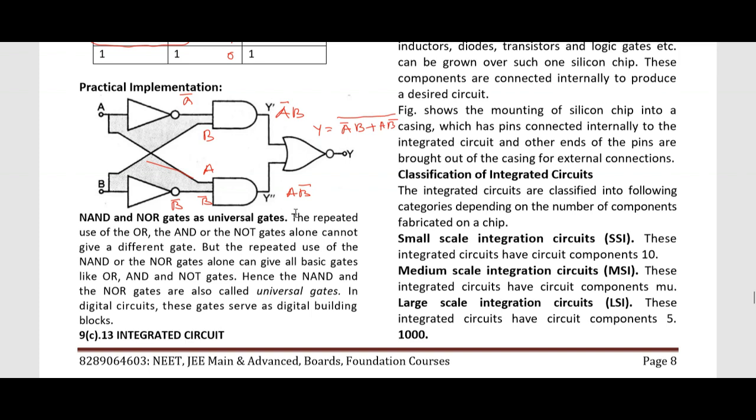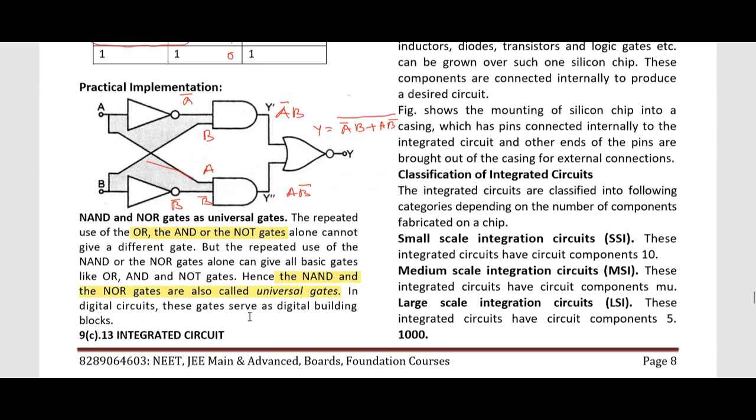NAND and NOR gates are known as universal gates. The repeated use of OR, AND and NOT gates alone cannot give all different gates. But the repeated use of NAND gates alone can give us all the AND, OR and NOT gates. So we call the NAND gate and the NOR gate universal gates.